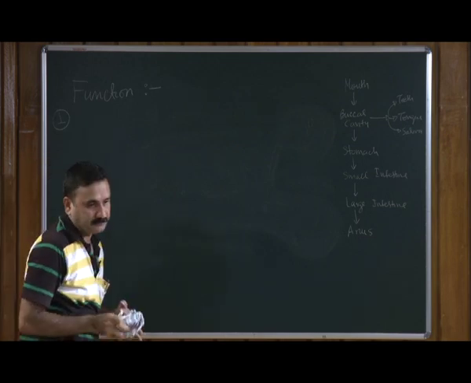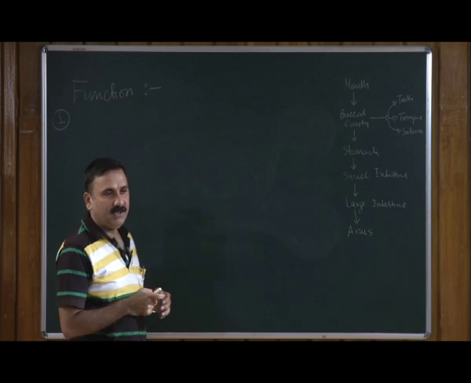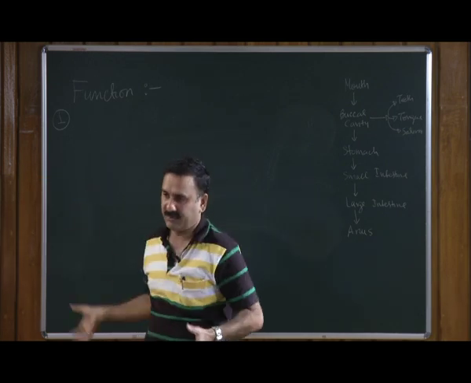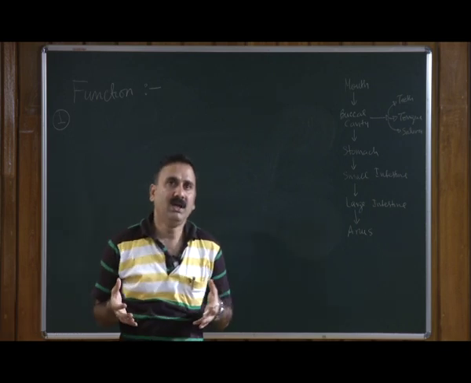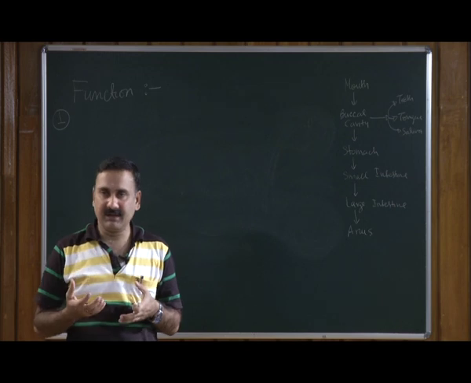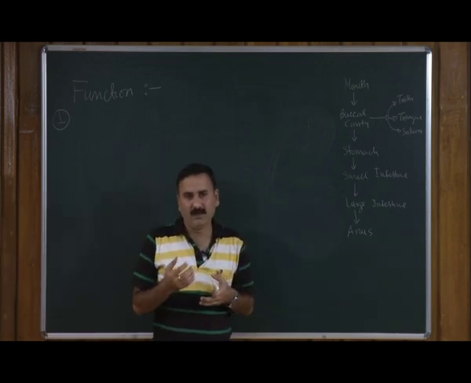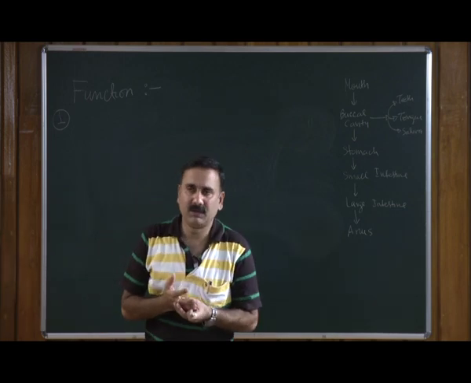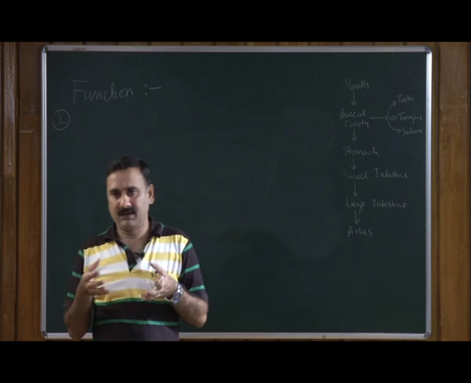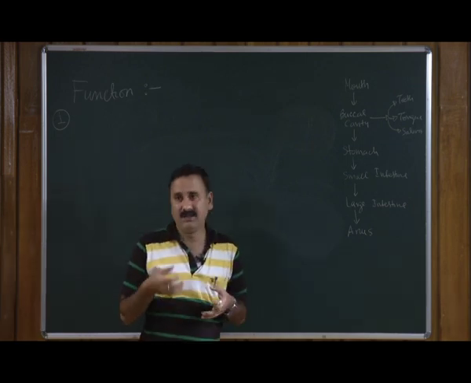Number 1. You know that the food material which is coming from the stomach into the small intestine: the stomach secretes a large quantity of acid, and that acid is present in the stomach. So when the food material, which is called chyme, enters the small intestine, it enters along with this acid.